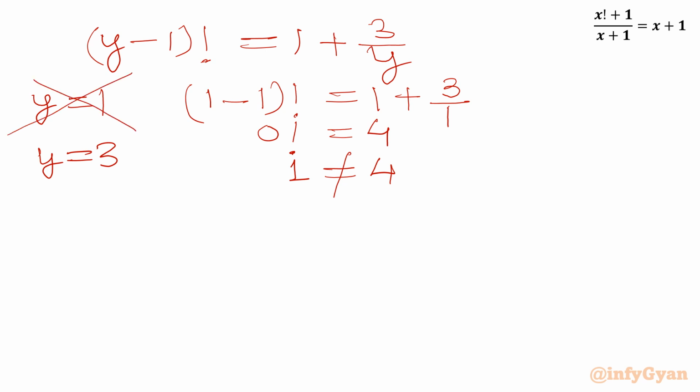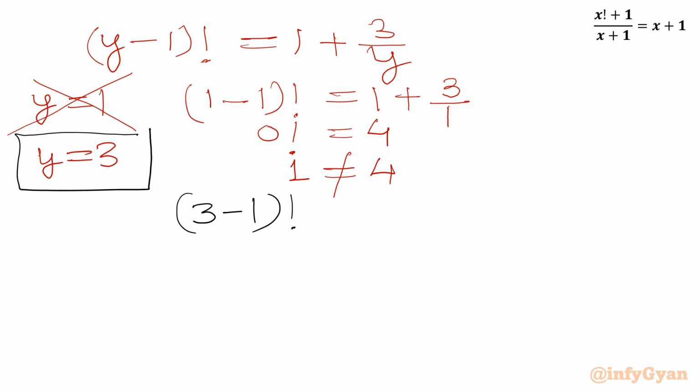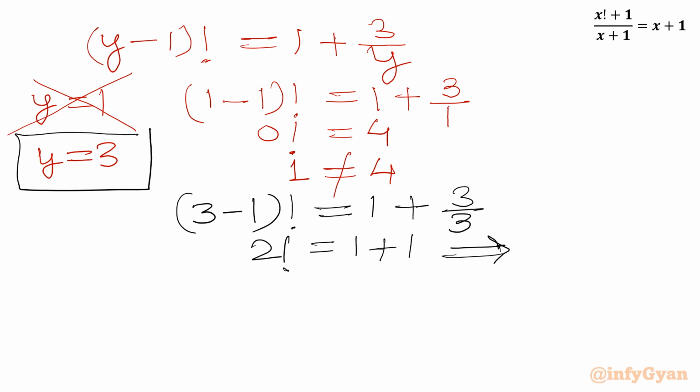Now the turn of y equal to 3. So I can write (3 minus 1) factorial equal to 1 plus 3 over 3. So 2 factorial equal to 1 plus 1. So we can conclude from here: 2 factorial is 2, and 1 plus 1 is 2.